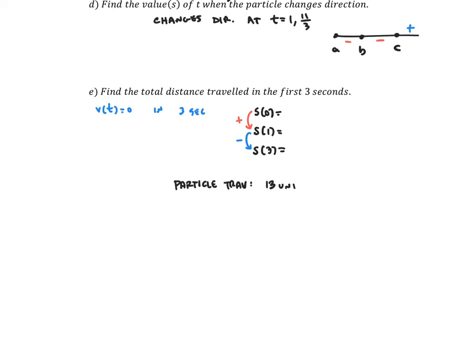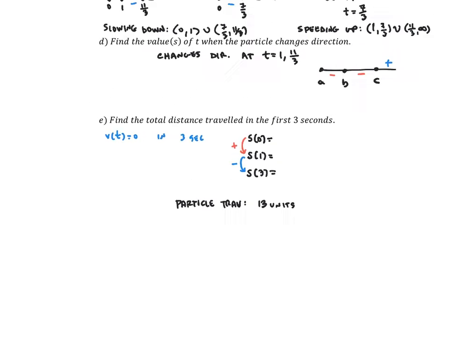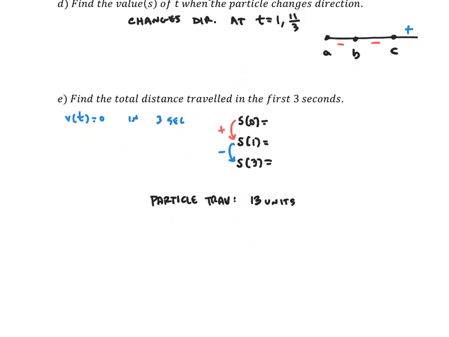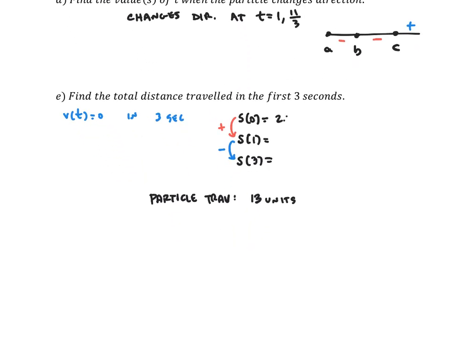It started at negative 2.5, traveled to positive 2.5, and then back to negative 5.5.